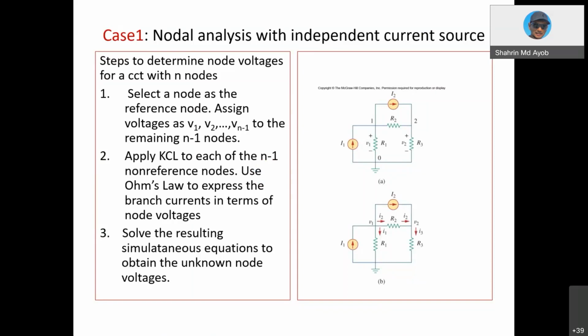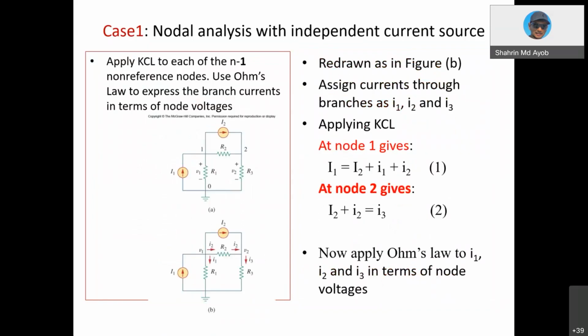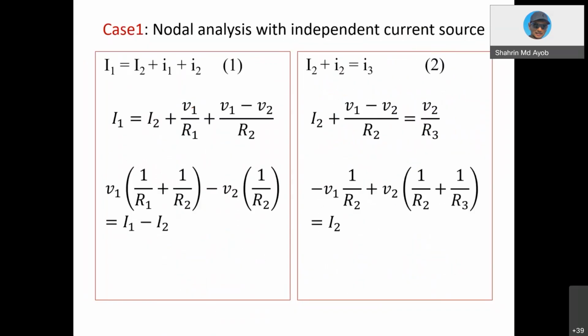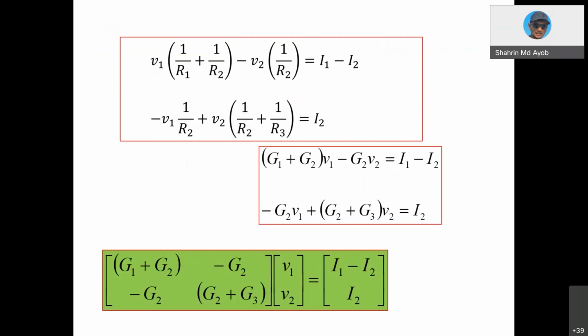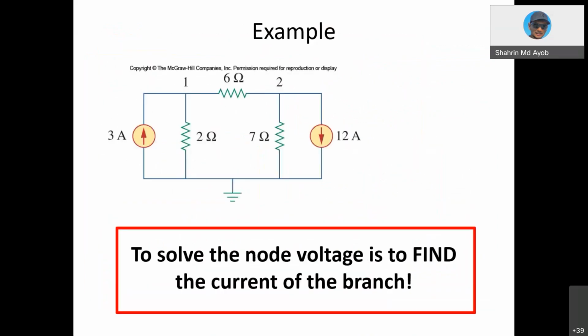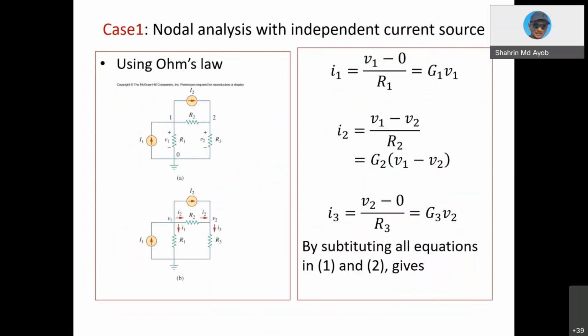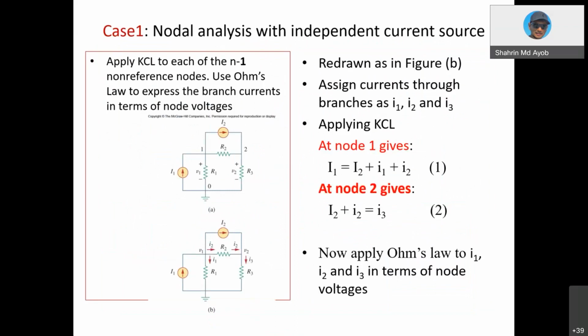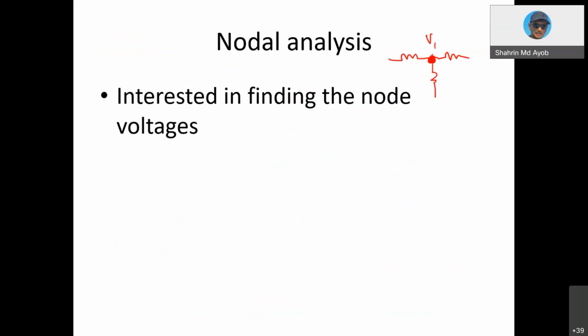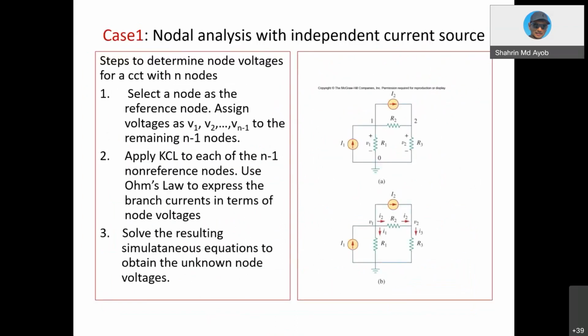So we have several cases that we will go through. Okay, by theory it looks complicated, but in reality it is not too complicated. Okay, so let's look at case 1, the nodal analysis with independent current source.